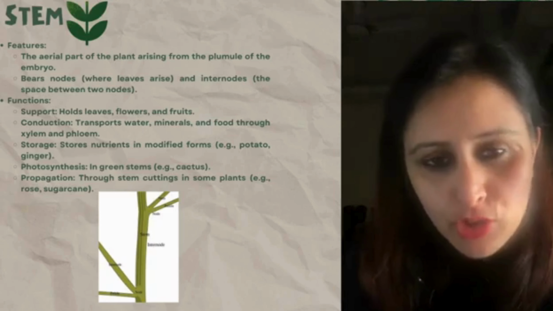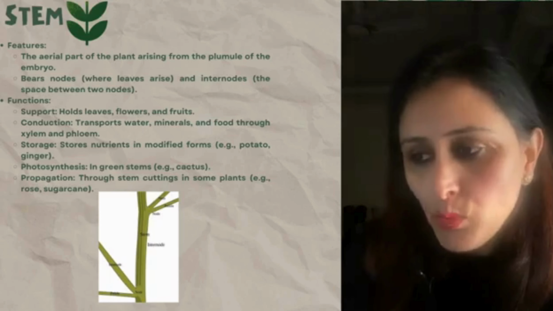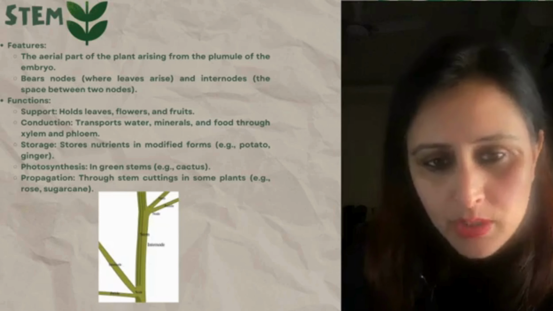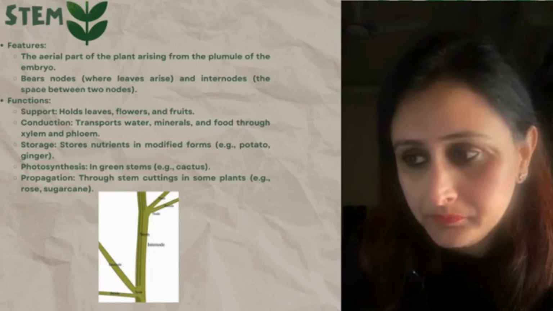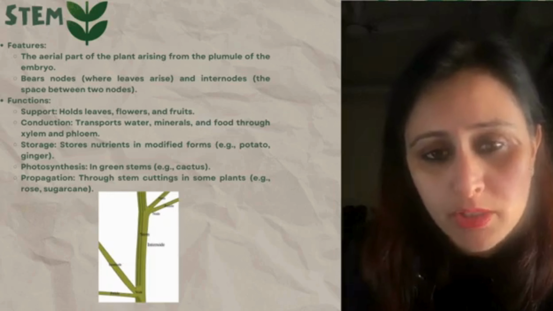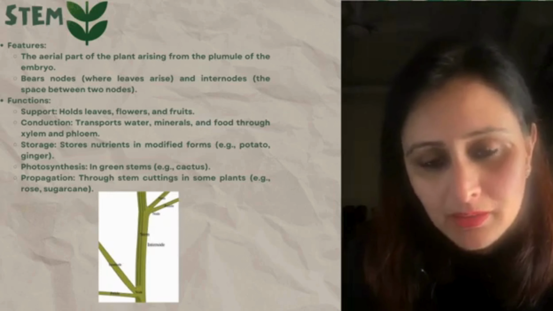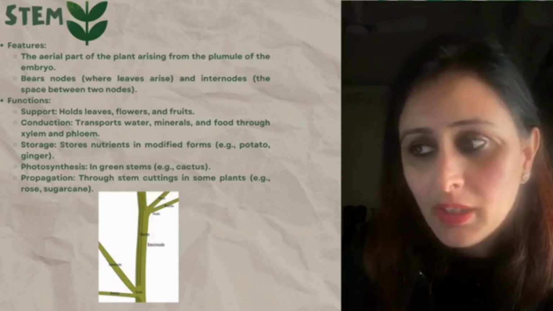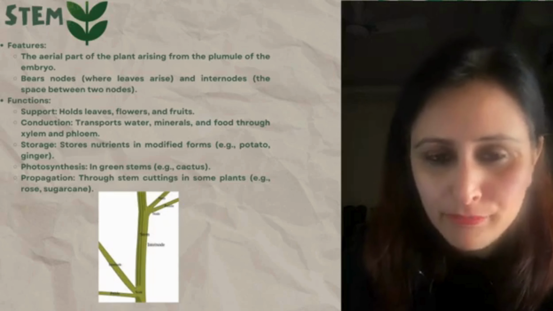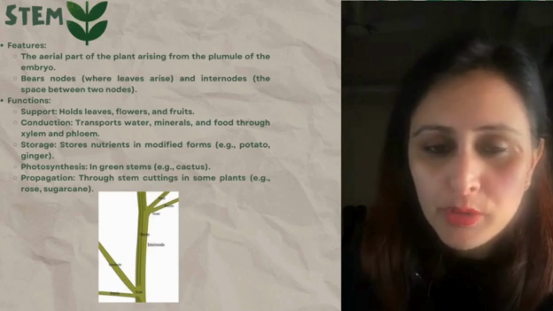Now talking about the function of the stem. It supports whole leaf, flower and fruits. Strength support देता है. Conduction, we have talked about it. कि transport of water and minerals from the roots to above, and the food through the xylem and phloem, right? Xylem and phloem क्या है?